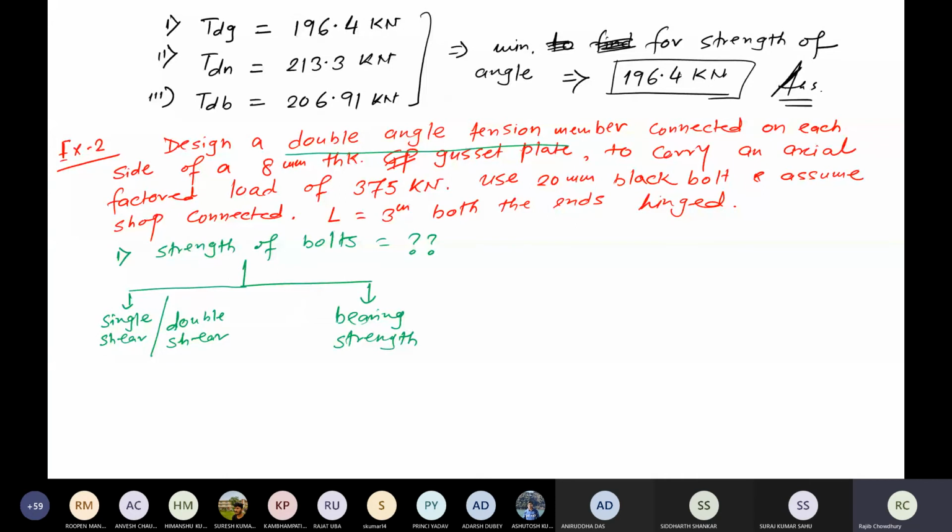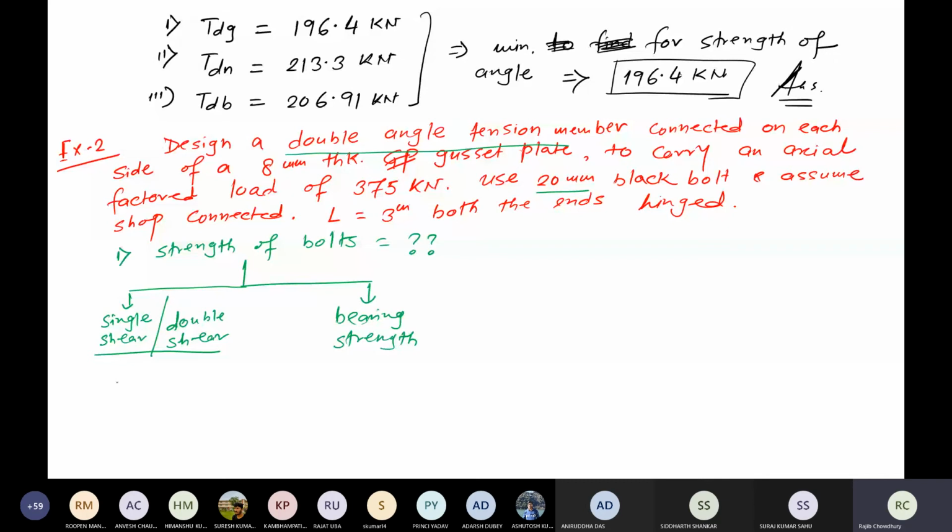So in double shear, this 20 mm diameter black bolt, how much would be the strength? I'll try to show you here; I have defined it in a slightly different manner.